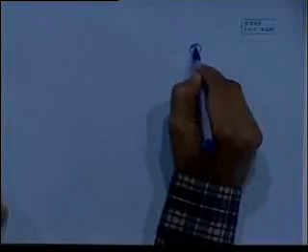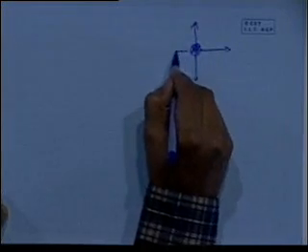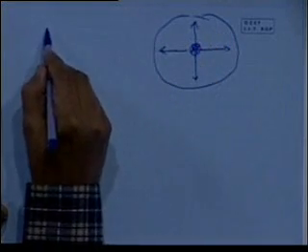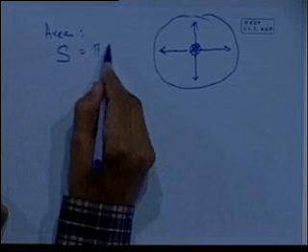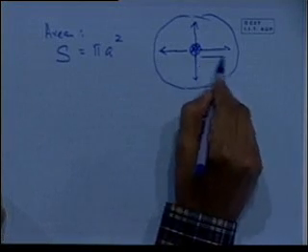Now, since the atom is going to vibrate in all directions, we'll get something like this. And in a simplification, we can define an area S, which is given by pi a squared. All right? a is the radius of vibration.